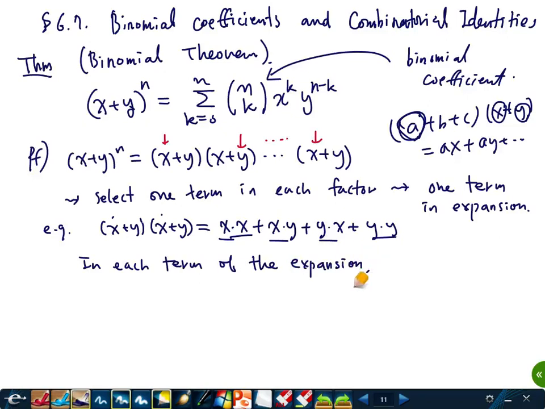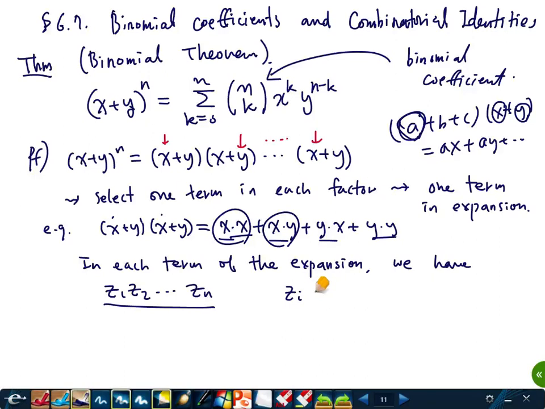Okay. We have this: z1, z2, dot, dot, dot, zn. So z1 is the term that we selected in the first factor. It can be either x or y. z2 is the term that we selected from the second factor, etc. So every term in the expansion looks like this, where each zi is either x or y, right?